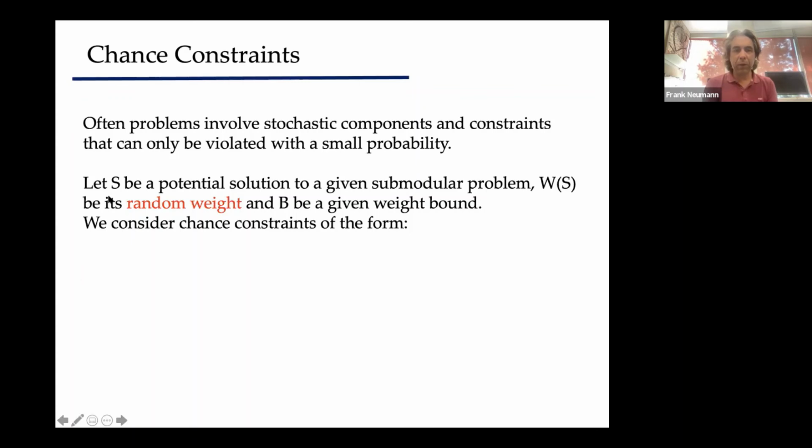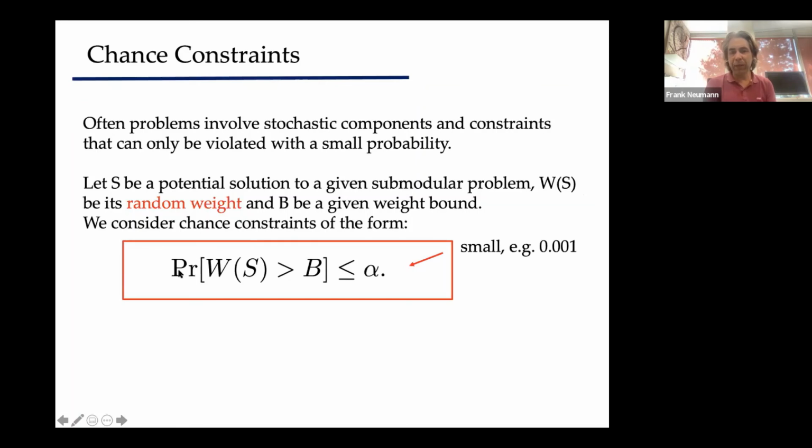So let's assume now S is a potential solution to a given submodular problem, and W(S) is just the random weight or random cost, and B is a given weight bound. We consider chance constraints here of the form that the probability that you violate your constraint bound B should be at most alpha, where alpha is usually a small value.